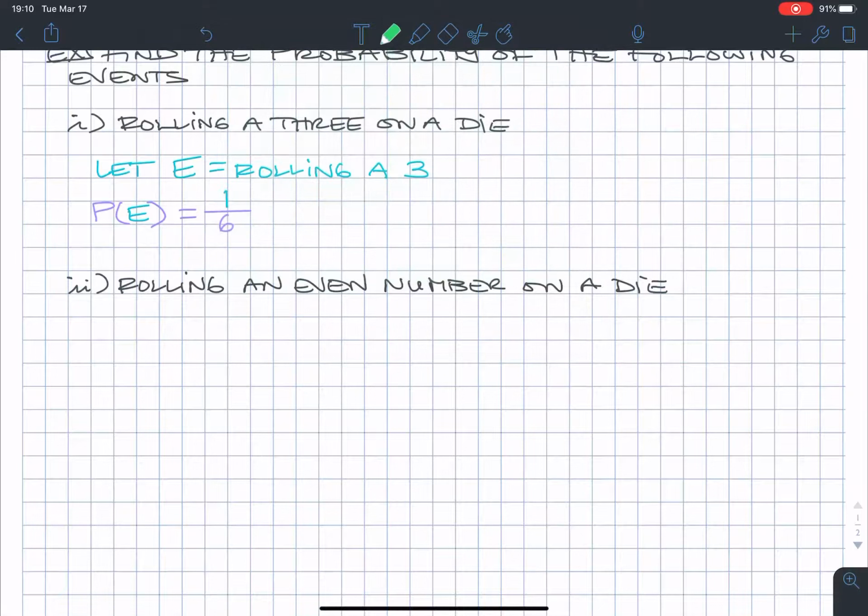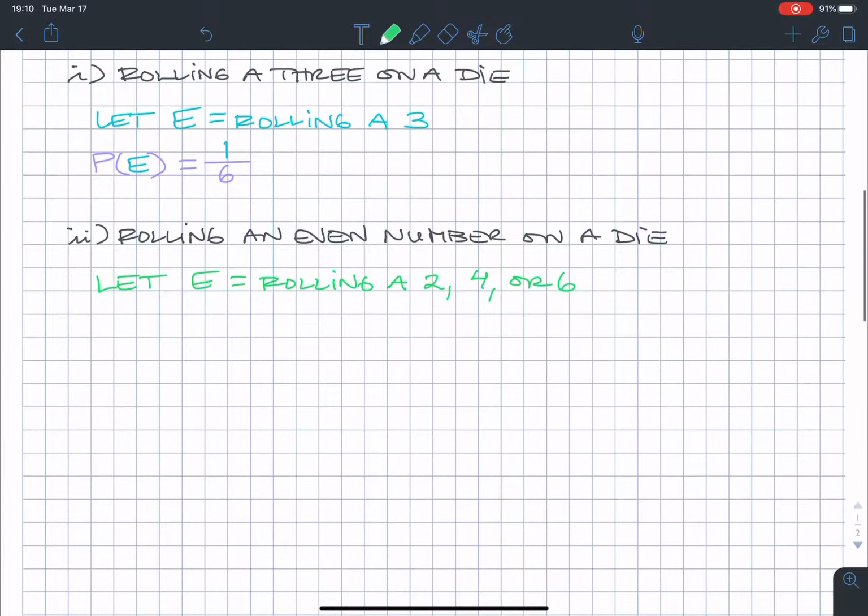Okay, so in this case, we're going to let the event E be equal to rolling a 2, 4, or 6. Do you agree that each of those is an even number?